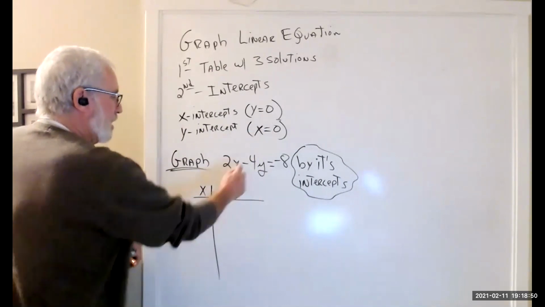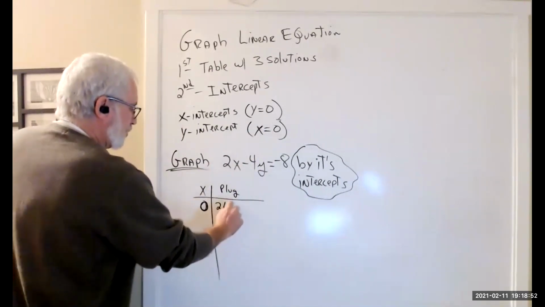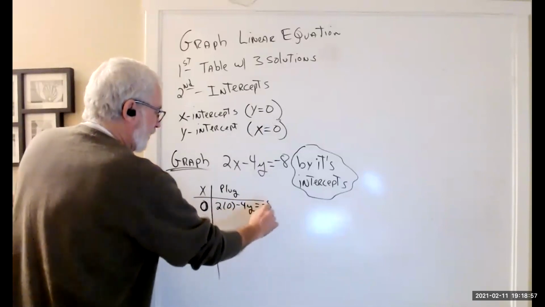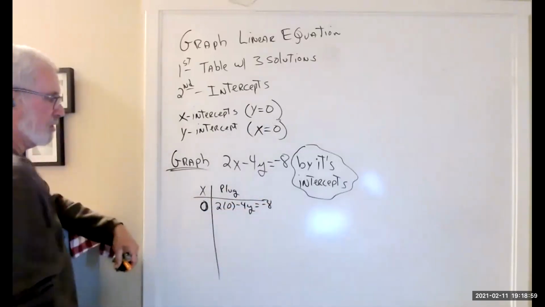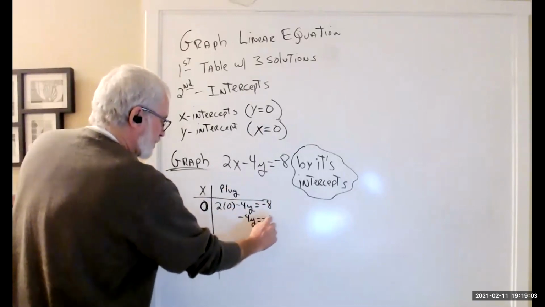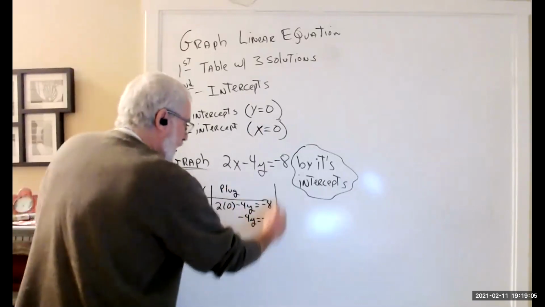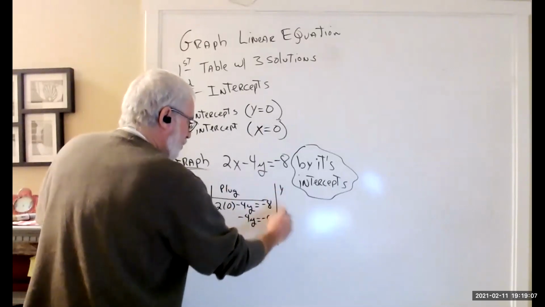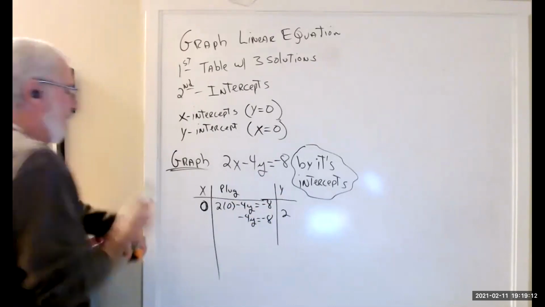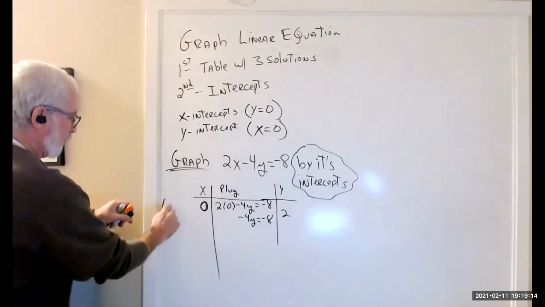Okay, so you have 2 times 0 minus 4y equals -8. The 2 times 0 drops out, so -4y equals -8. So y is worth 2. And that means we have the ordered pair 0, 2.